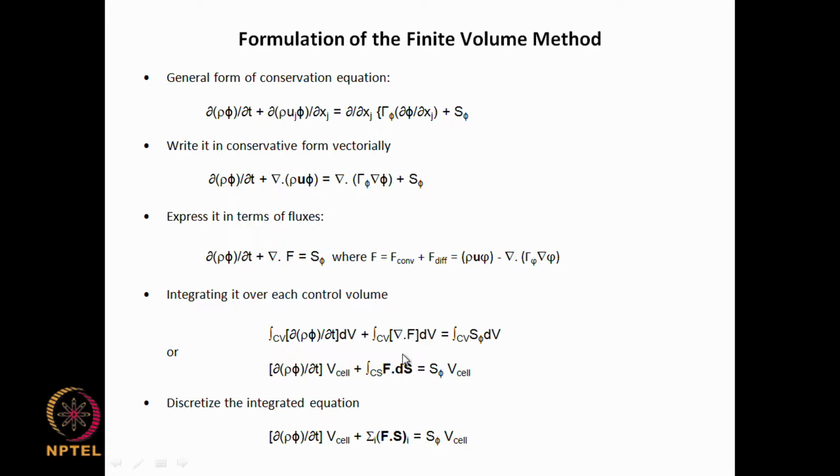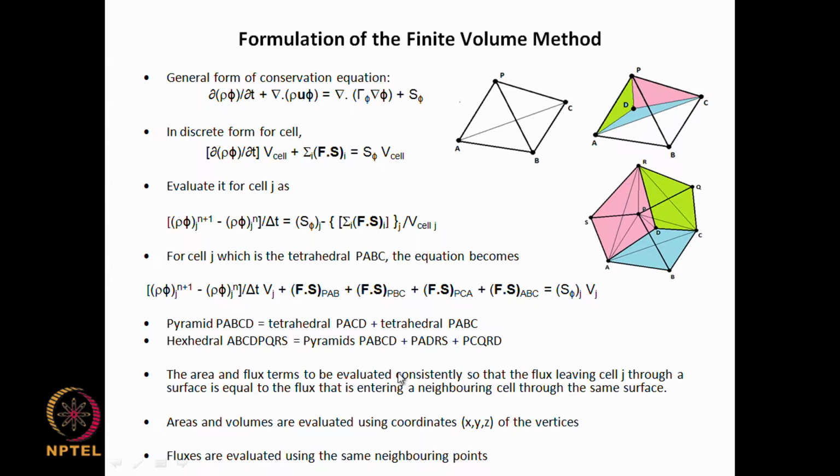Okay. So this itself is discretized into the I number of surfaces that envelop the control volume completely. So how does it actually work? We have the general form of the continuity equation.